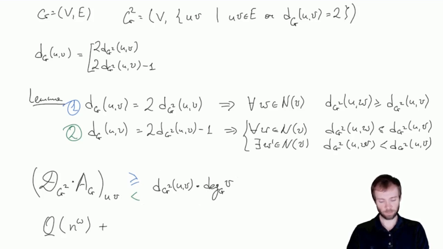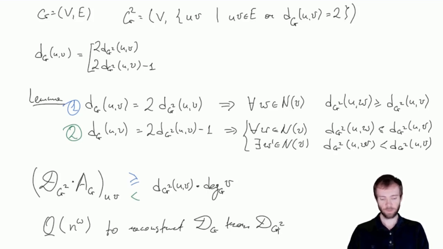This is just the product of numbers, and these are taken from the same matrix D_{G^2}. So the number of comparisons is quadratic, and each comparison is done in constant time, and this is dominated by the matrix multiplication. So in the end, the whole computation takes time big O of n to the power of omega. That is the time needed to reconstruct the distance matrix of G from the distance matrix of G squared.